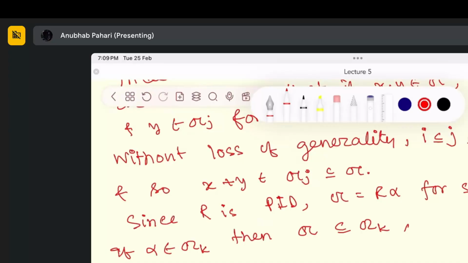Let P be a map from Z[x] to Z[root minus 5] such that f(x) goes to f(root minus 5).